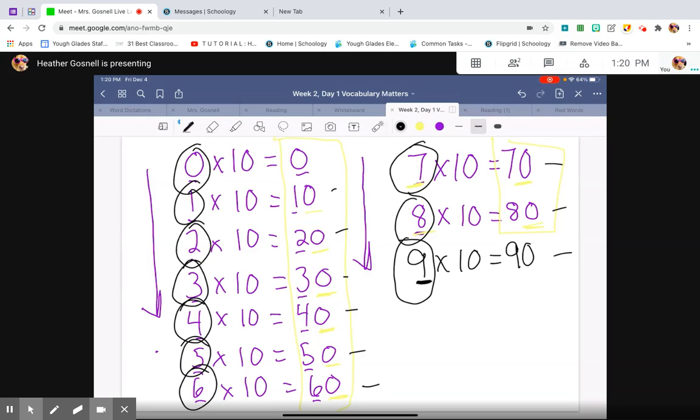Like for 10 times 10, I would skip count by tens and hold up fingers until I get to 10 fingers. And that last number I say would be my answer. 10, 20, 30, 40, 50, 60, 70, 80, 90, 100.